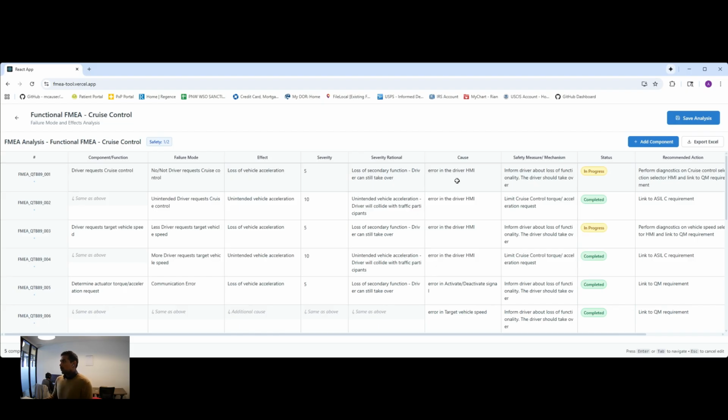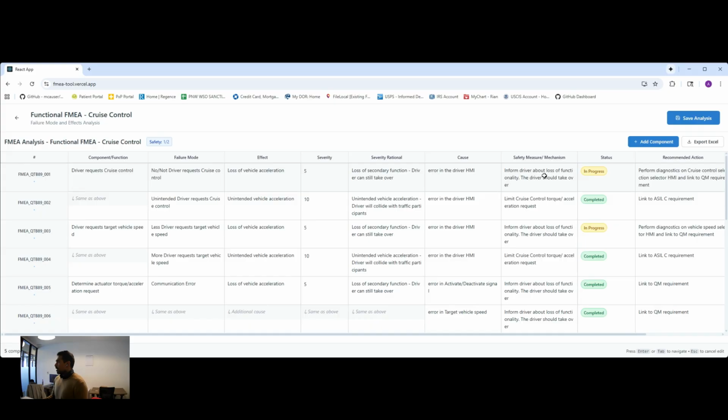One of the causes for this would be an error in the HMI which the driver is using to activate cruise control. It could be a button, it could be a voice command, it could be something on the HMI screen. It doesn't matter, but there is an error in the HMI. A safety measure here could be that the driver is informed about the loss of functionality and that the driver should take over.